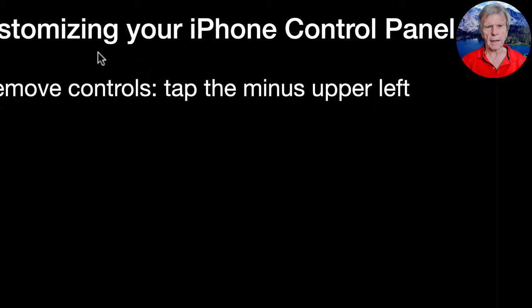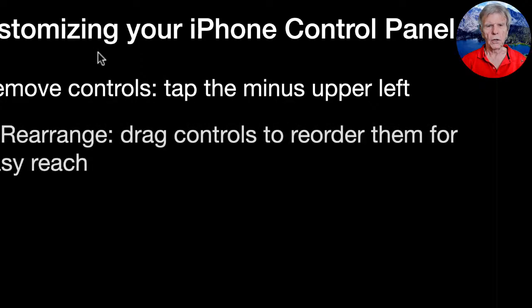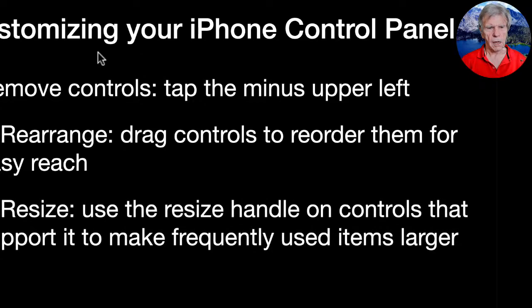So you just touch that and it will go away. You can also change the size of the control with the little handle in the lower right by expanding it out or pushing it in, depending on where it is. And you can also drag controls around to put them in a different order.